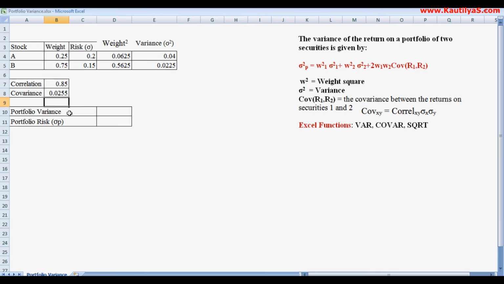Now first we calculate portfolio variance. So portfolio variance equals what it says: weight square of 1 and variance of 1. So weight square of stock A into variance of stock A plus weight square of stock B into variance of stock B plus 2 into weight of A into weight of B into covariance of AB.